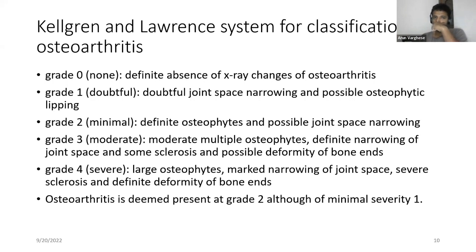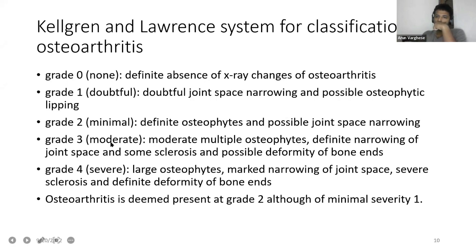We classify the X-ray into four categories: doubtful, minimal, moderate, and severe grade. These are based on the central pathology of osteoarthritis, knee osteoarthritis in particular. The first change, like we have seen earlier, is joint space narrowing. Doubtful: we are not sure if it's present or not.